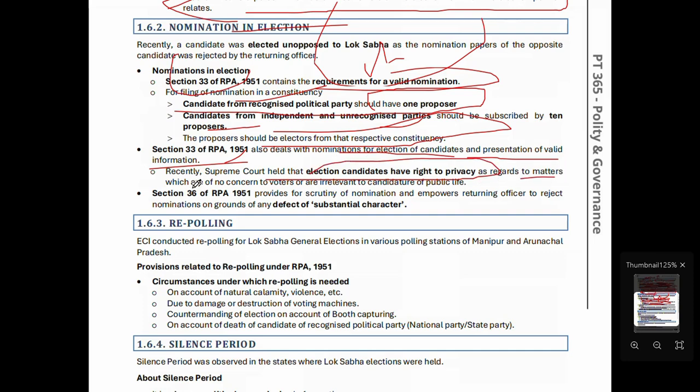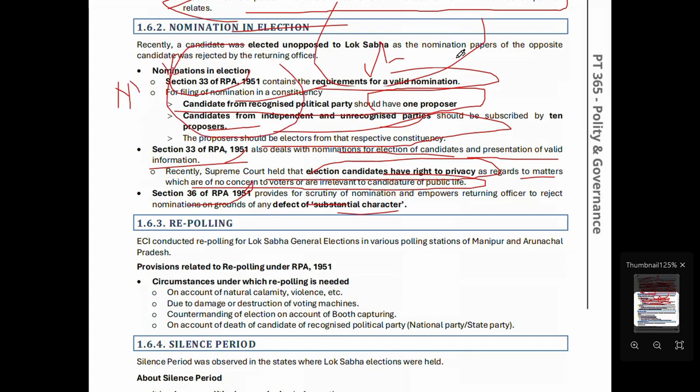Section 36 provides for scrutiny of nominations, empowering the returning officer to reject a nomination on grounds of defect of a substantial character. This is all about nomination in election. Maybe we have it in the examination. Otherwise, you have to know the nomination criteria to eliminate options.